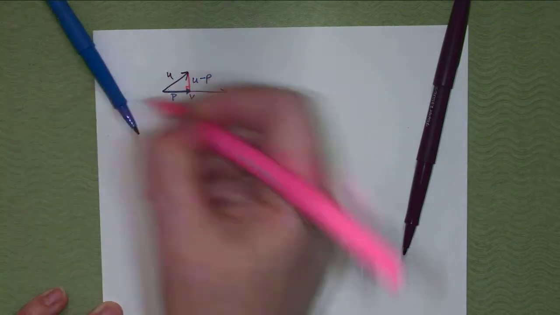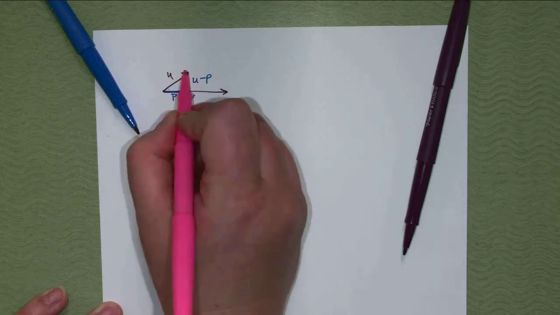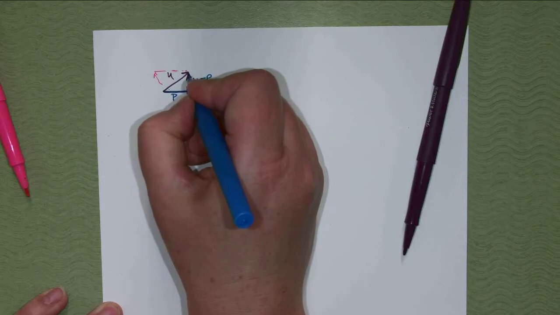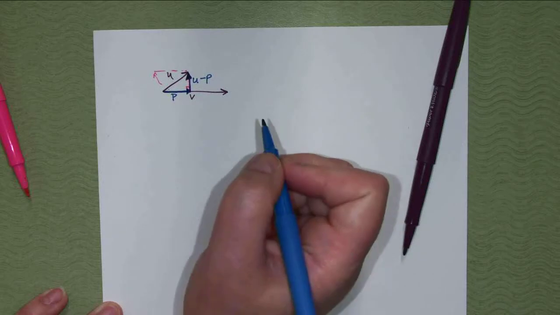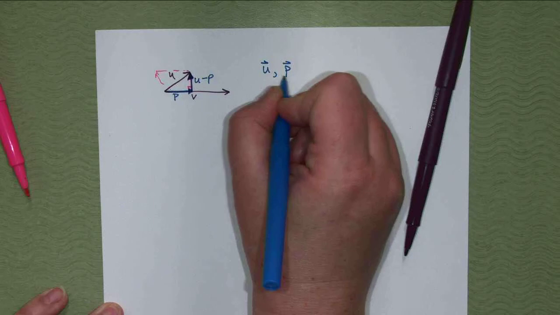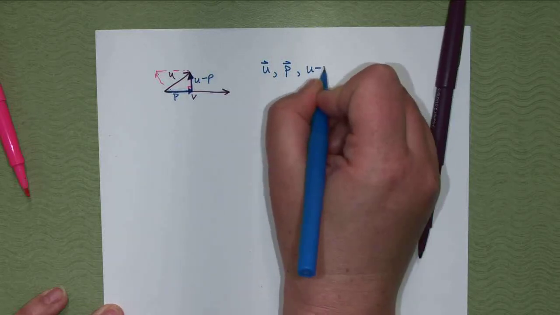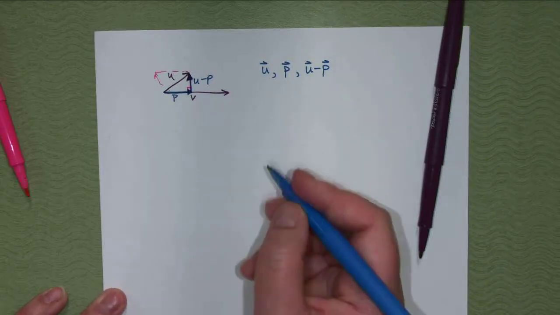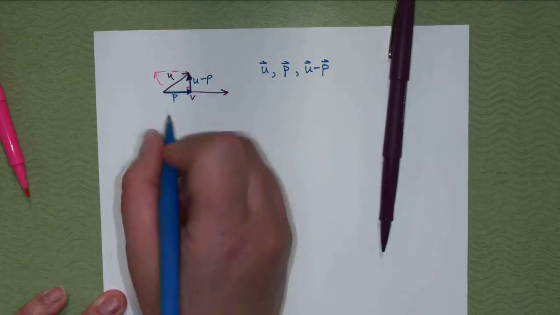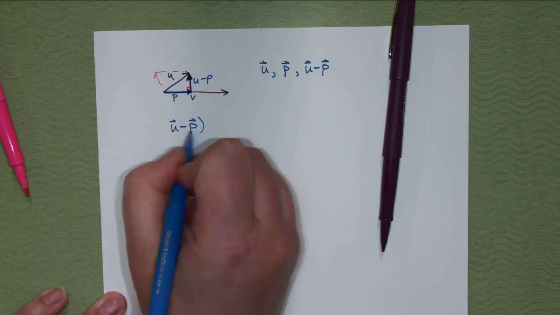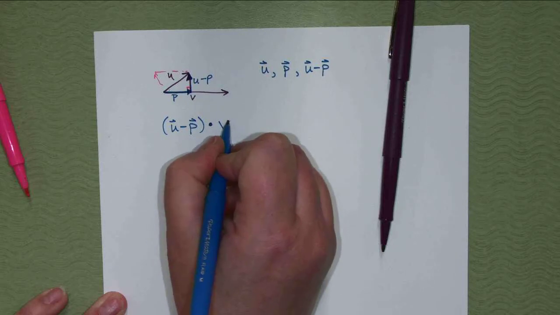Towards U. So U minus P points towards U. Okay, so we've got all three sides: a side U, a side P, which is a part of V, and a side U minus P. So the projection is giving a vector U minus P, which is perpendicular to V. Right?